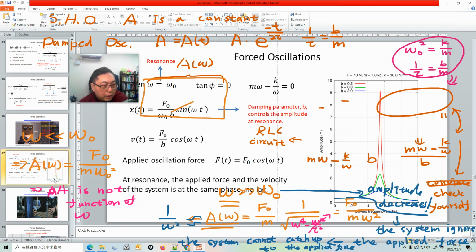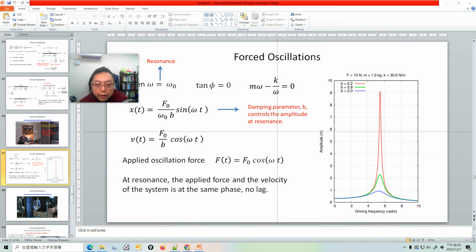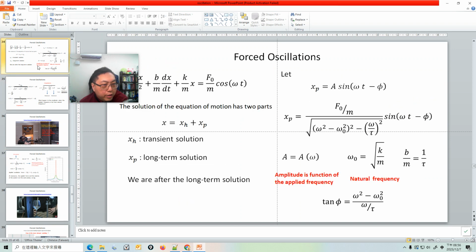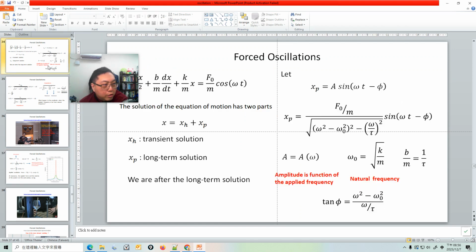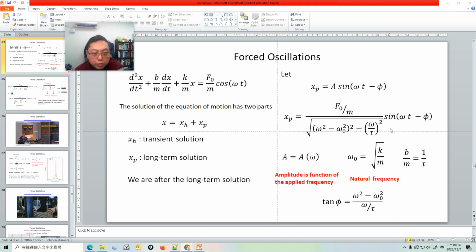And the final point is, this graph just draws the amplitude function, A of omega.